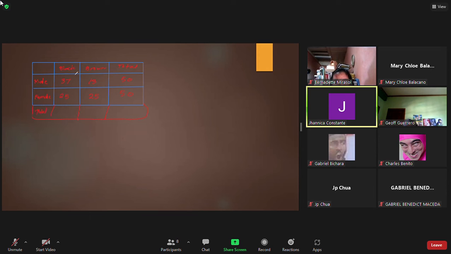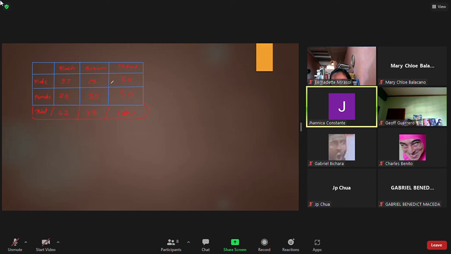And total per column: 37 plus 25 is equal to 62, 13 plus 25 we have 38. So the grand total we have is 100. So 50 plus 50 is equal to 100, and 62 plus 38 is also equal to 100.